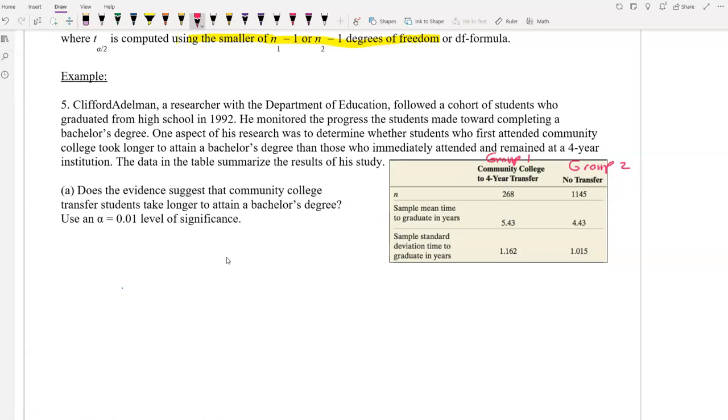The sample size for the first group, this is the sample mean, and here is the sample standard deviation. This is for the second group.